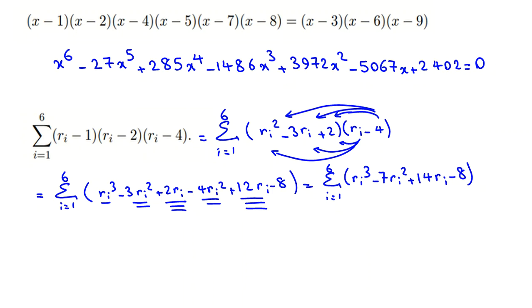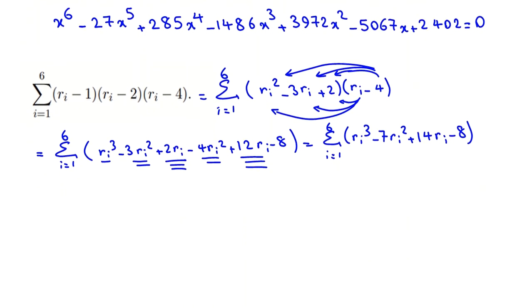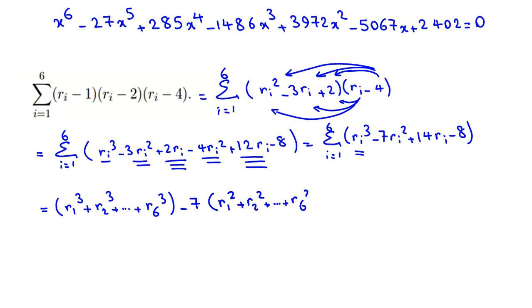Okay, now if I want to write, I can say, if I consider only first parts and take it outside sigma, it will be R1 cubed plus R2 cubed to R6 cubed minus 7 times R1 squared plus R2 squared to R6 squared plus 14 times R1 plus R2 to R6, this part we've written.